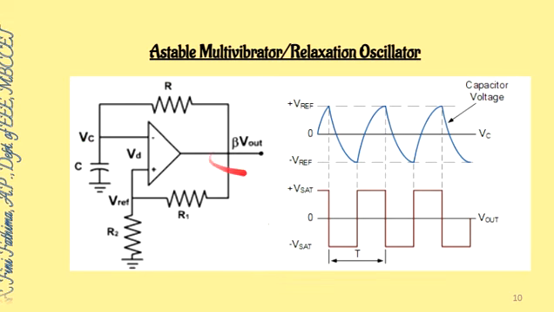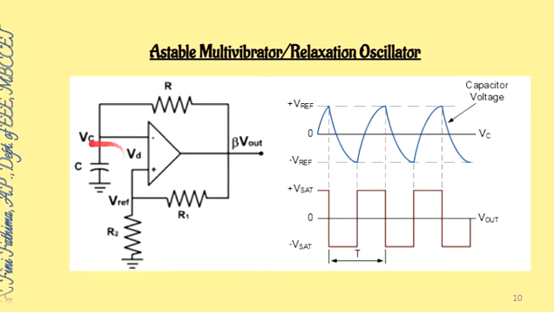So when this value is plus VSAT, what happens? This is a higher potential and this is 0 potential, so current will start flowing from the output towards the capacitor, or the current will flow through the resistor R and enters the capacitor and leaves to the ground.